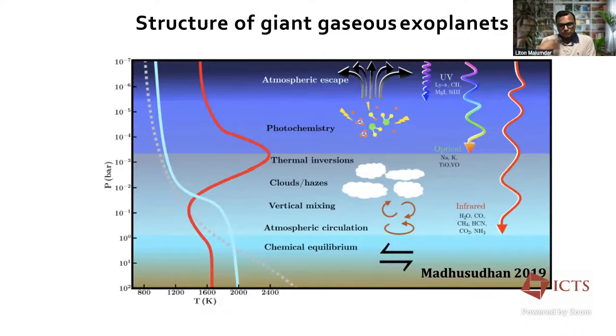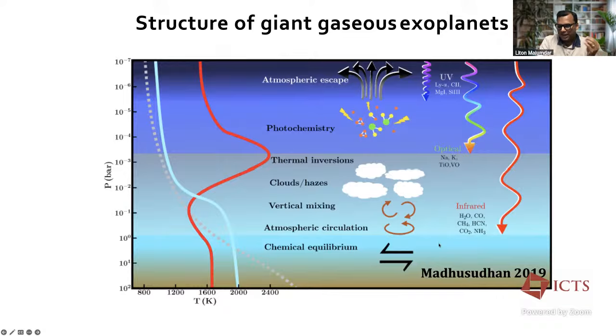So if you just summarize that, essentially what you are observing in a planetary atmosphere is from top to surface. At the top of the atmosphere, you have very low pressure, and you have high pressure here. And at the top of the atmosphere, you see escape processes. Of course, some of the results that I was showing you do not include any photochemistry, nor any mixing or circulation processes, but they have chemical equilibrium.